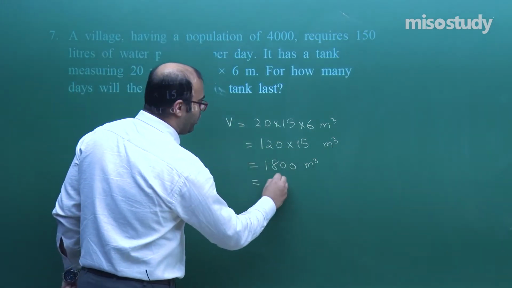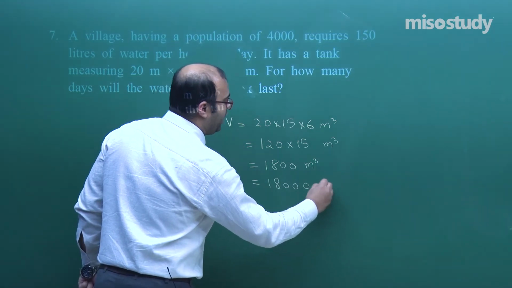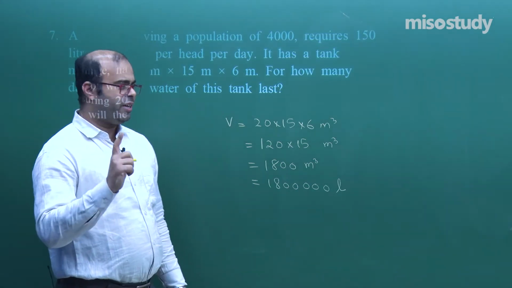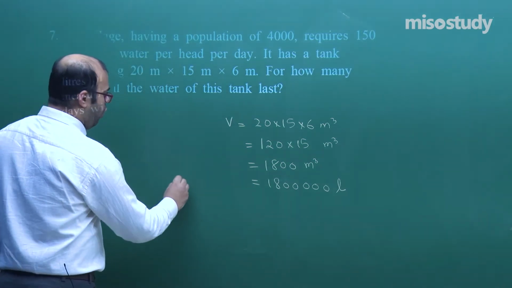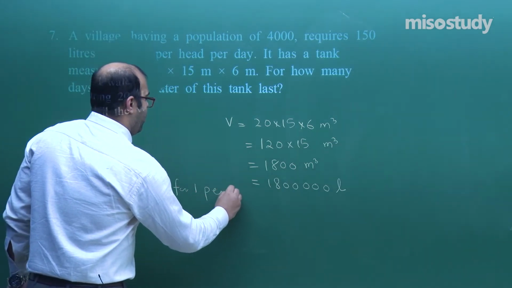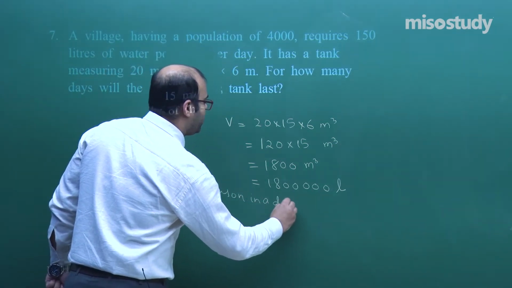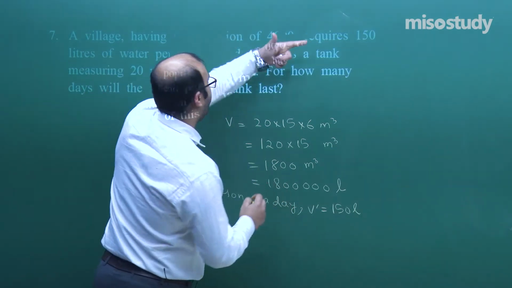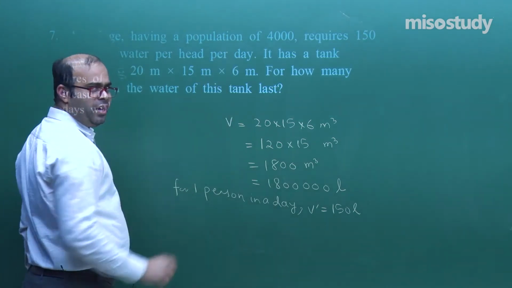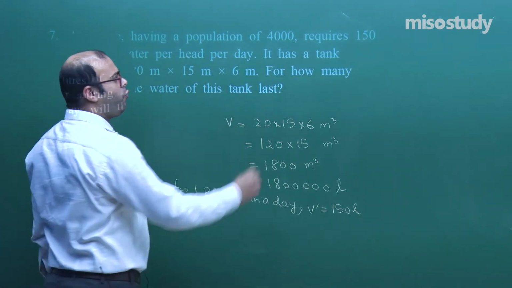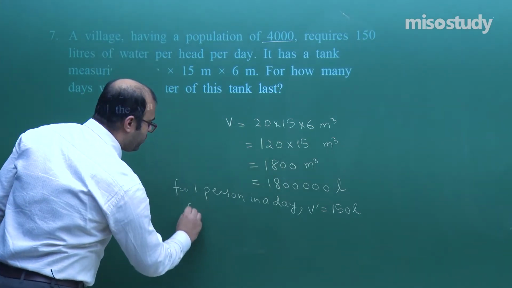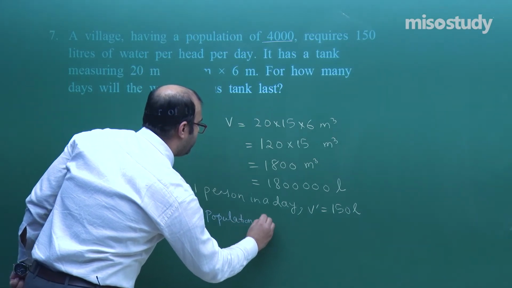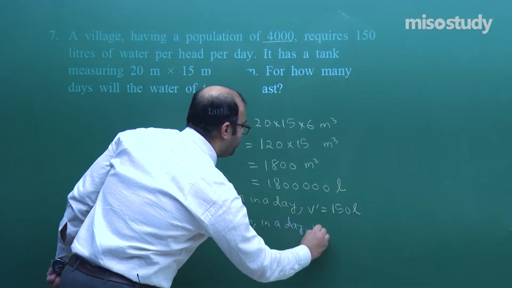So let us change it into liter, because 1 meter cube is equal to 1000 liter. Now, for one person in a day, how much volume is needed? V dash, that is 150 liters of water. How many people live in that particular populated area? 4000. So for the population in a day, the volume needed is V double dash.